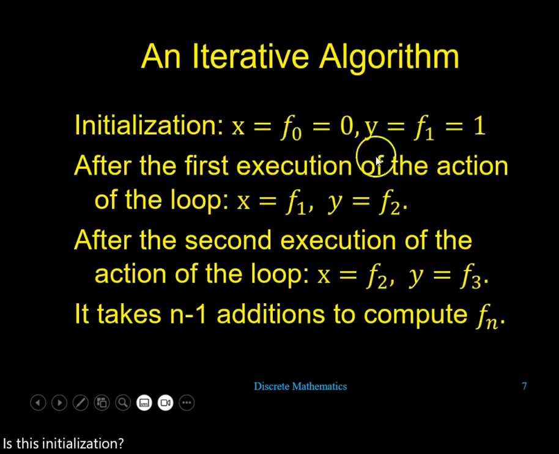These are F0 and F1. After the first execution of the action of the for loop, x is F1, y is F2. After the second execution of the action of the for loop, x is F2, y is F3. So it takes n minus 1 additions to compute Fn.